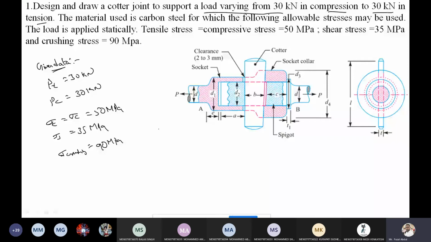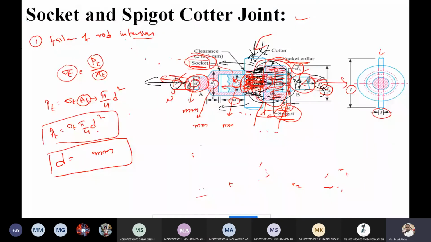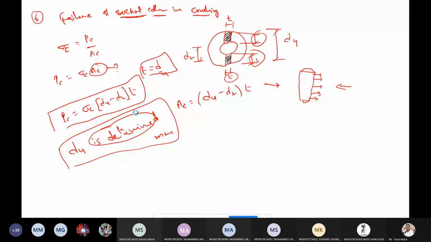Here, the diameter of the rod. First, what we calculated in the design procedure at the beginning for the socket and spigot joint. The first point is failure of rod in tension.